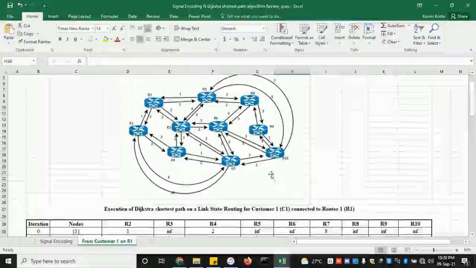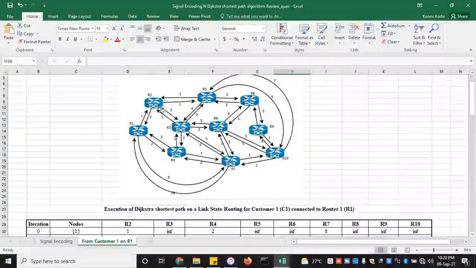6, now you can get to 6 either via this route or this route, right? The question is, does this give you a cheaper route, a least cost, or does this option give you a least cost?